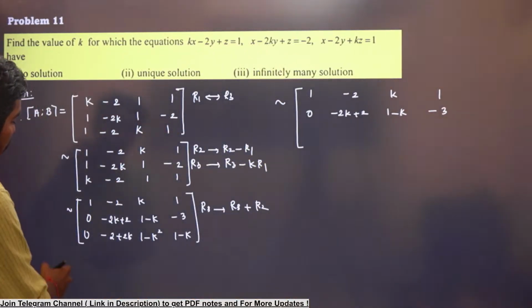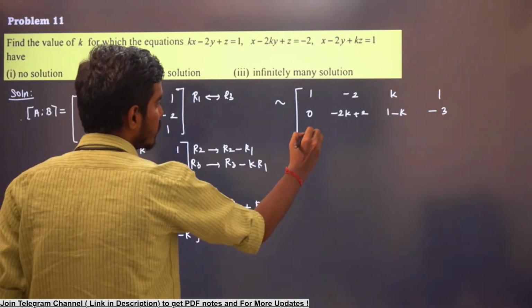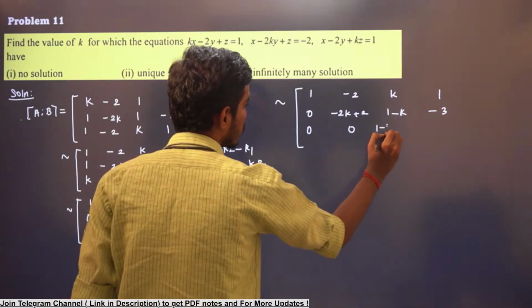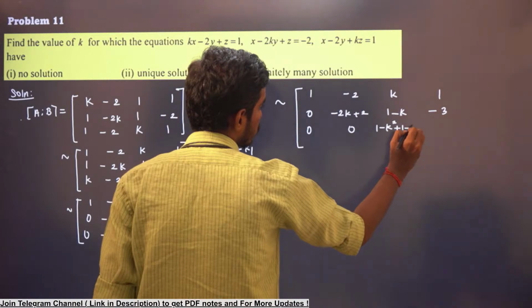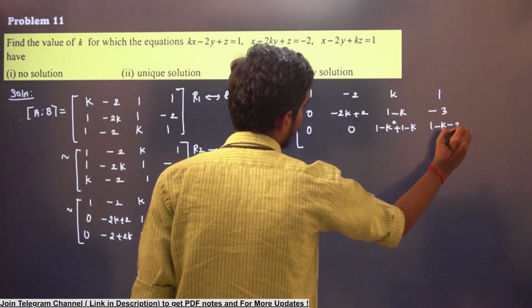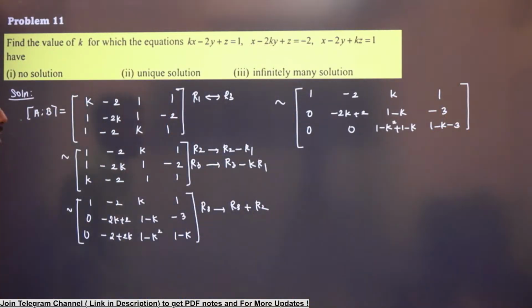Now I'm just going to add R3 plus R2. So minus 2 plus 2 will be 0, 2k minus 2k is 0, and this will be 1 minus k square plus 1 minus k, and here if I add, 1 minus k minus 3.